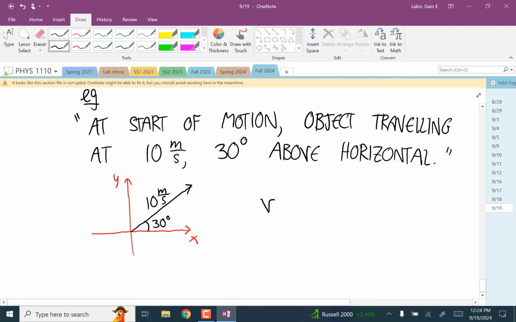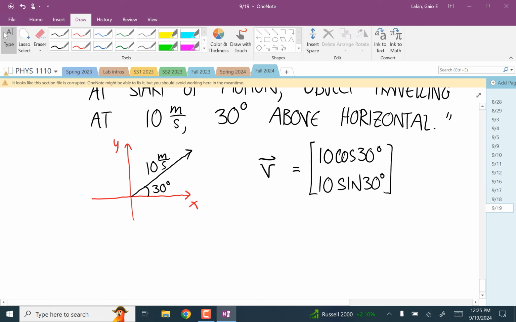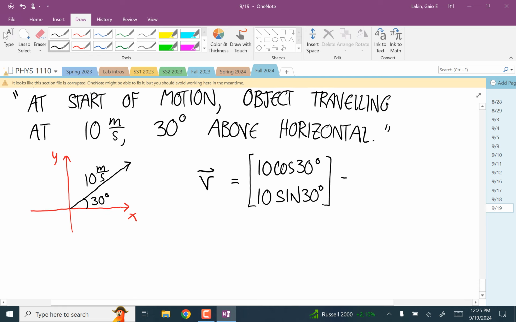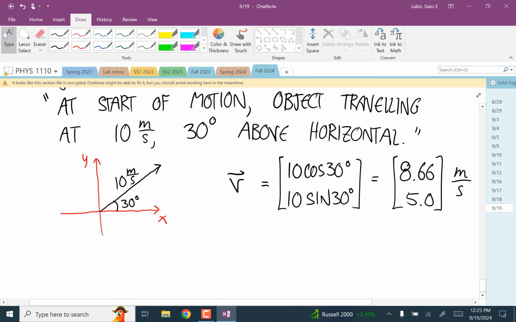And so the velocity is 10 times the cosine of 30 degrees, 10 times the sine of 30 degrees, and that comes out to be 8.66, 5.0 meters per second. So most of the time in problems, your velocities you're going to have to get from a speed and a direction like that.